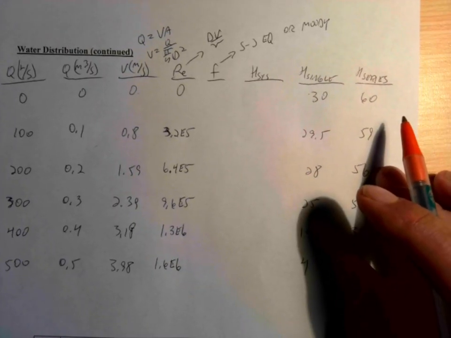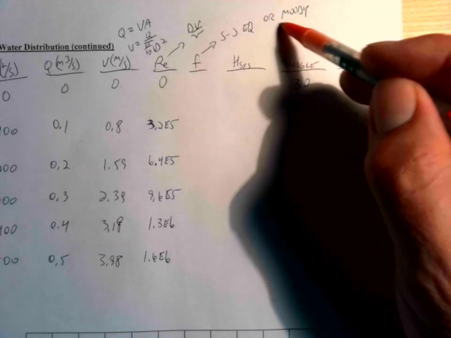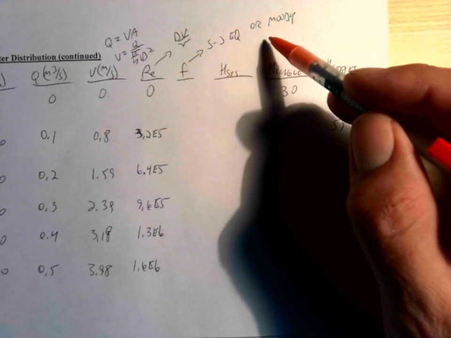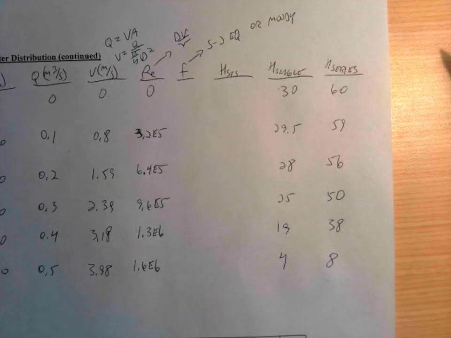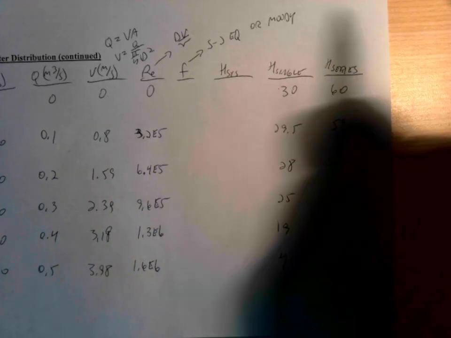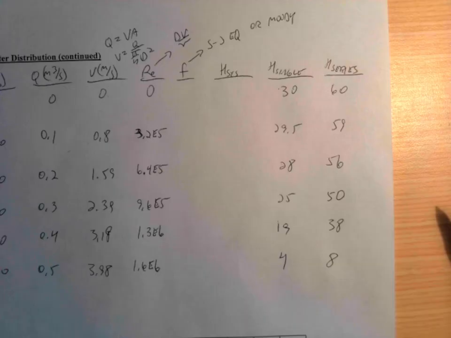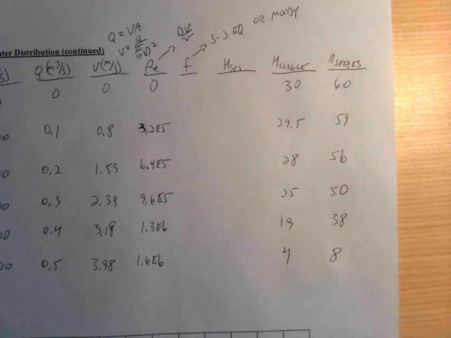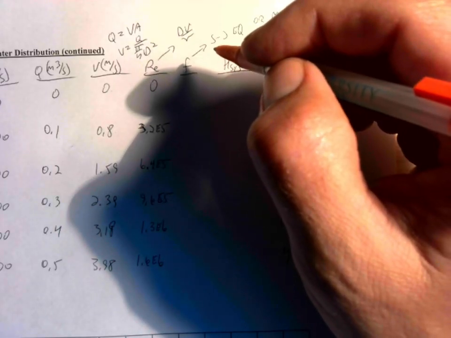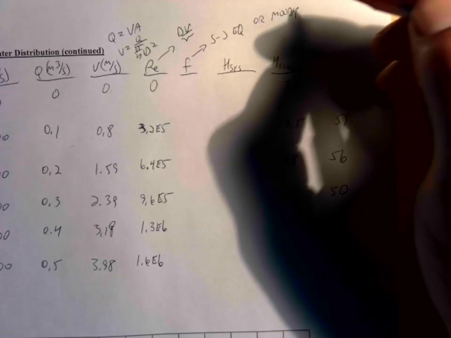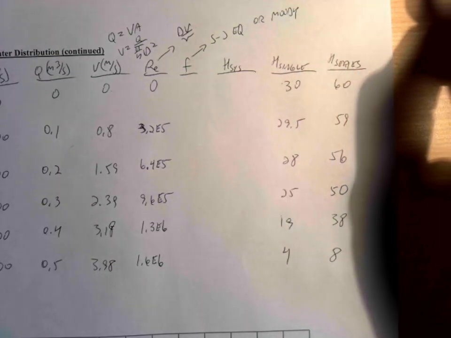Or you can look up the number in the Moody chart. The y-axis is the ks over d value, the relative roughness, and the x-axis is the Reynolds number, and you read off the friction factor on the left side. I've made other videos talking about how to do that in Excel or whatever. If you're not familiar, I'd suggest you go look elsewhere. Make sure you know how to do that.